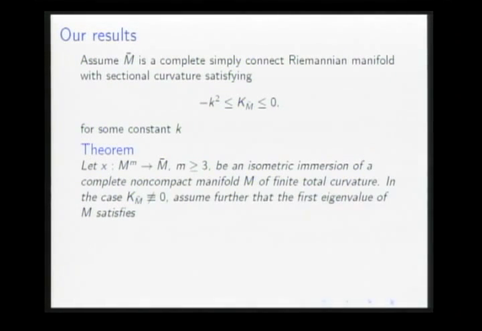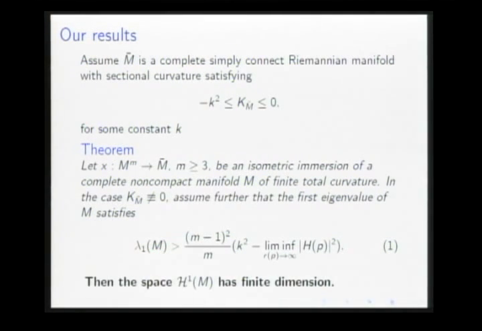If K is not identically zero, we have another condition on the first eigenvalue of M, which must satisfy this inequality here, involving the mean curvature of M. And so under these conditions, of course, we prove that this space has finite dimension.